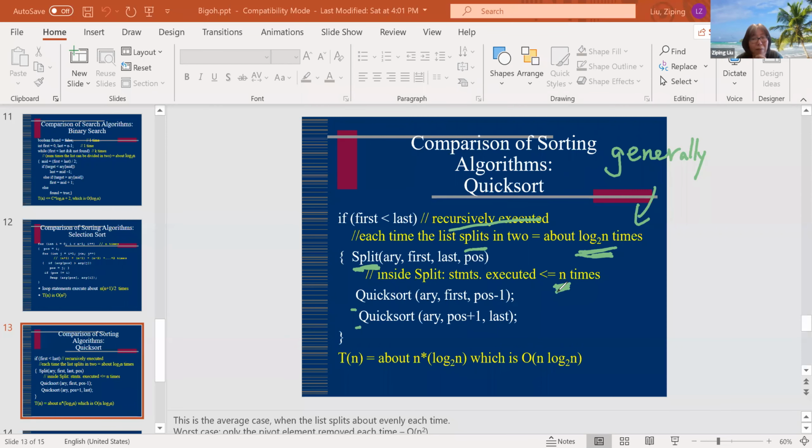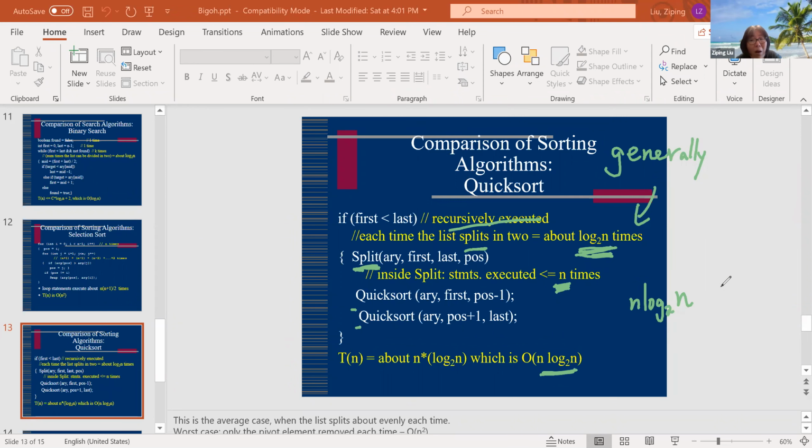Then you recursively call. So the outer loop is log 2n, and the inner loop, the split itself, is n, but it's also based on the recursion, the outer loop log 2n. So that's going to be n log 2n. That's how we come up with quick sort being n log 2n.